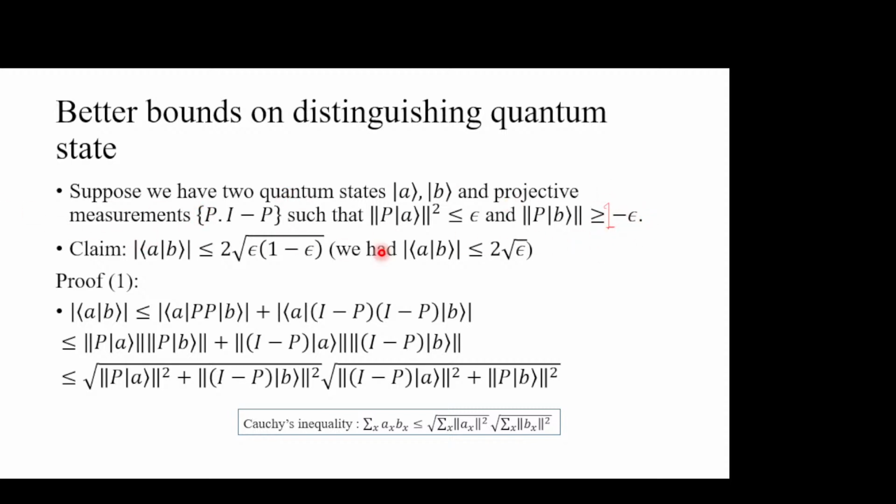And we found that if we have this, then we can have an upper bound on the inner product between A and B. That means the two states must be pretty far away from each other. The tight upper bound on the inner product is actually 2 square root epsilon times 1 minus epsilon. And this is a better upper bound than we had before.